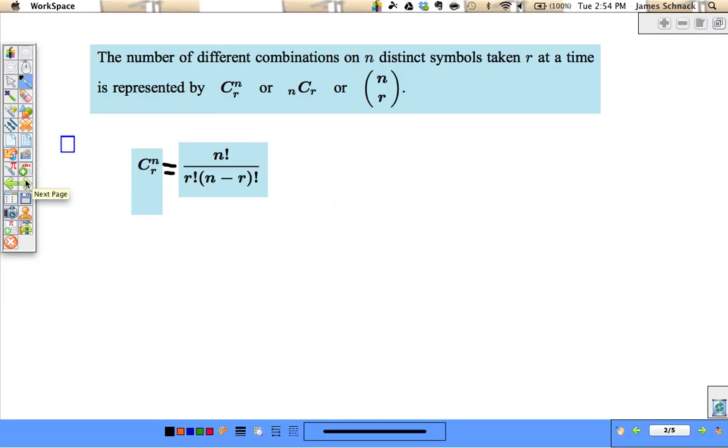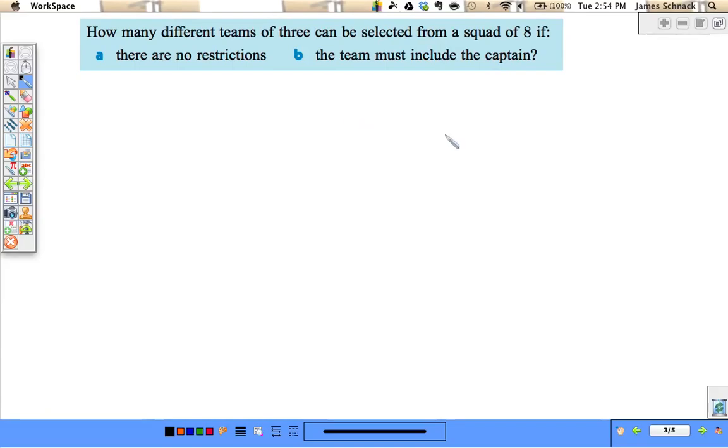So let's do some examples. And we're going to have our calculators handy. How many different teams of 3 can be selected from a squad of 8? So this is a group. Each person within the team doesn't have a specific role. So the notation that we're going to do is 8C3, or like this, or like this.